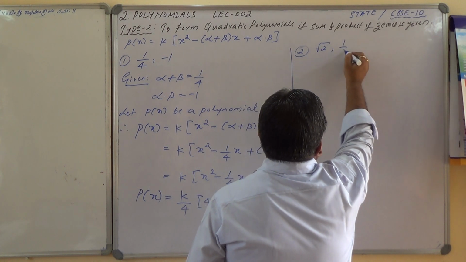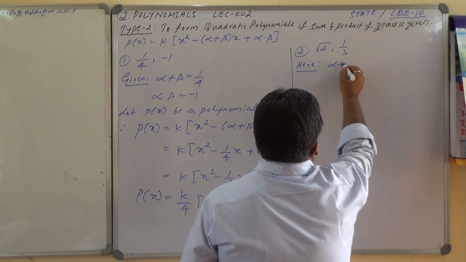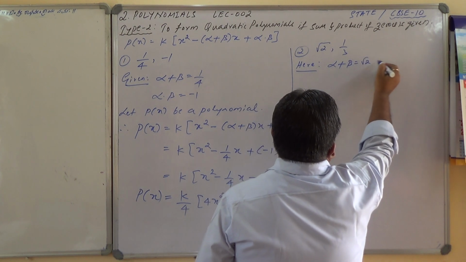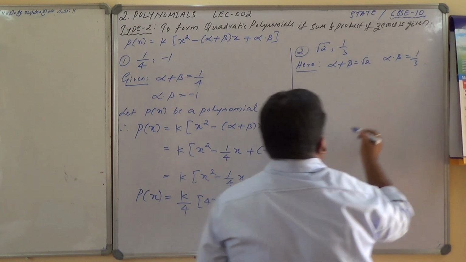Root 2 comma 1 by 3. Here, sum of zeros equals root 2 and product of zeros equals 1 by 3.